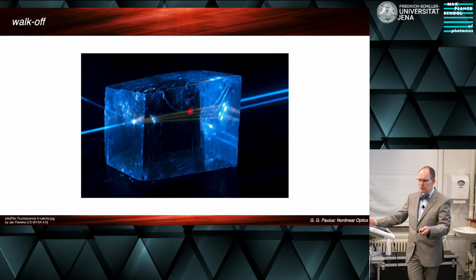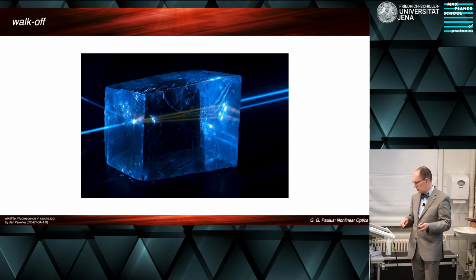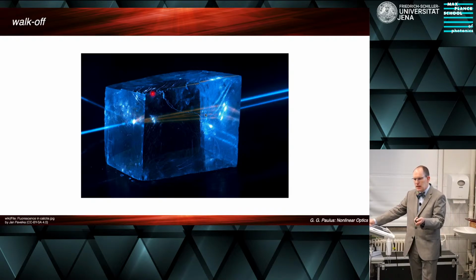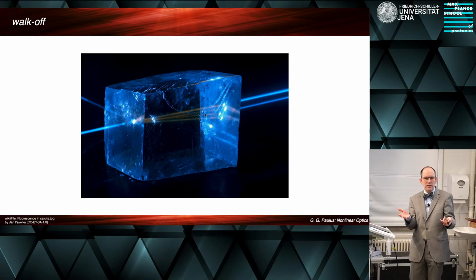And now you can imagine if you would try to do in this crystal, actually, I don't know the crystal symmetry, but I guess second harmonic generation is not possible in calcite. But if you would want to try a nonlinear process, say in this case third order or something, then you see that these beams get spatially separated.